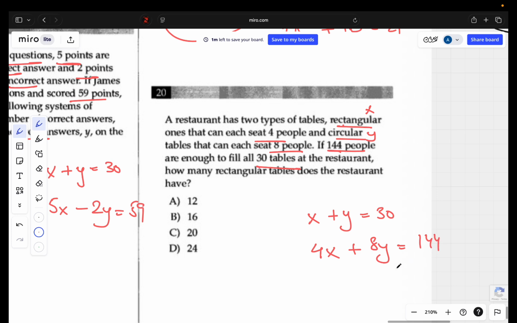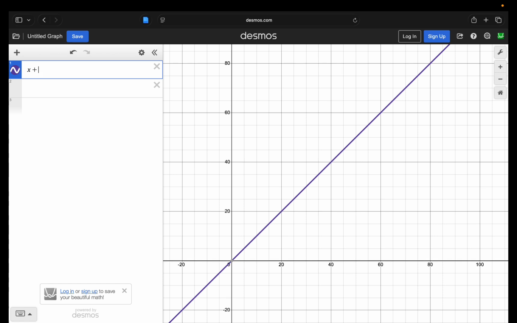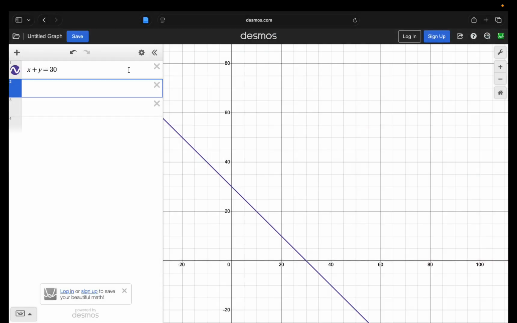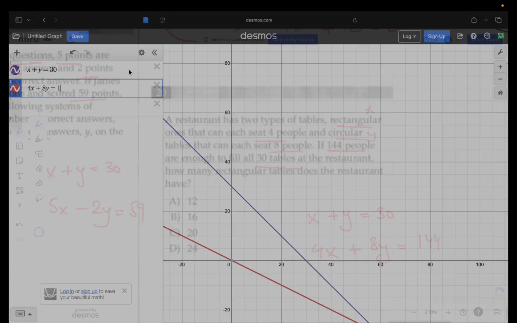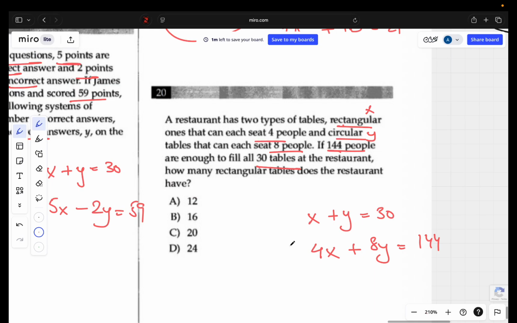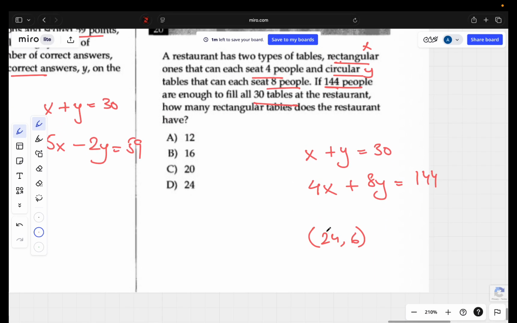We can use Desmos for this: x plus y equals 30, and 4x plus 8y equals 144. That's going to give us 24 and 6. So x is 24, y is 6. They're asking how many rectangular tables? Rectangular is x. We need to find x. x is going to be 24.